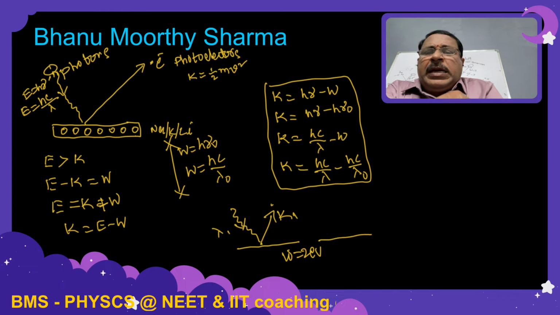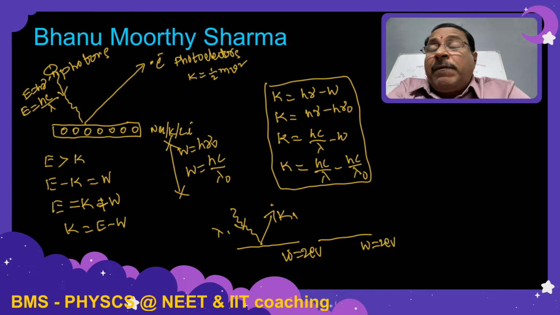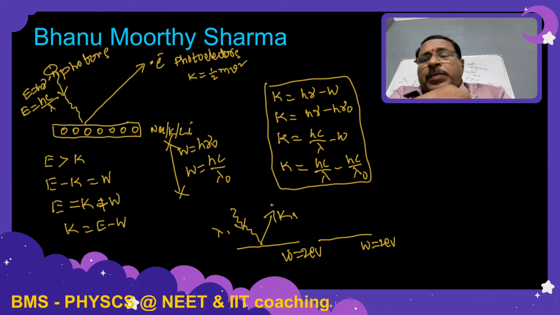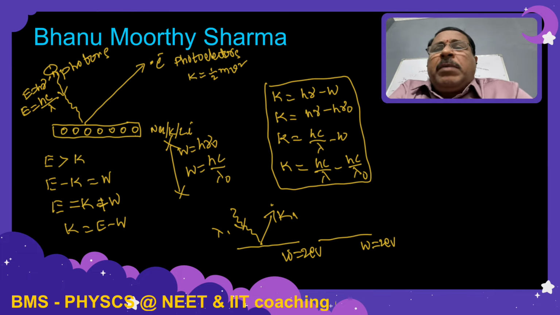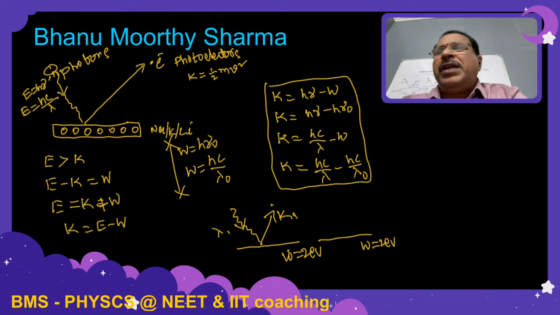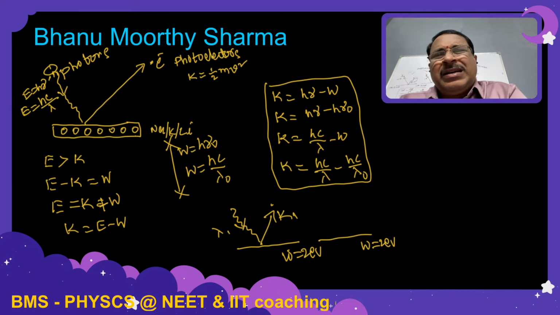On the same metal of work function 2 electron volts, because if the metal is the same, the work function is the same, because work function depends on the nature of the material. Different metals have different work functions because different covalent bonds are present in different metals. Atomic structures are different, and to break those covalent bonds in different metals, different energies are required. That is the reason why W is different for different materials.